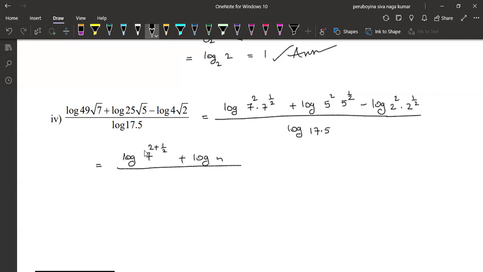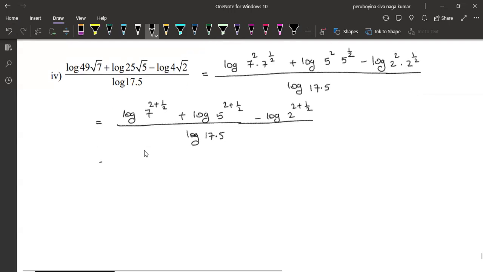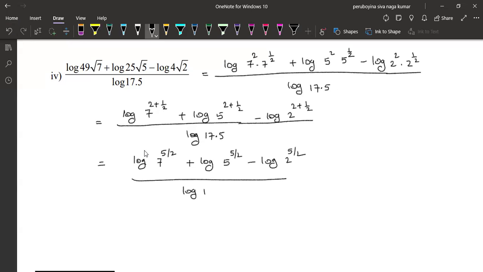Plus log 5 power again 2 plus 1 by 2, minus log 2 power 2 plus 1 by 2, and whole divided by log 17.5. You can see the powers, log 7, this is 5 by 2. If you do LCM, 2 plus 1 by 2 is 5 by 2. And log 5 power 5 by 2 minus log 2 power also 5 by 2. And whole divided by log 17.5.